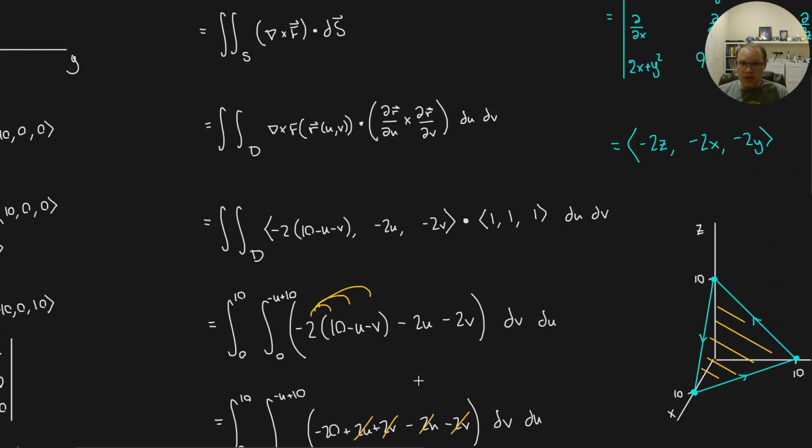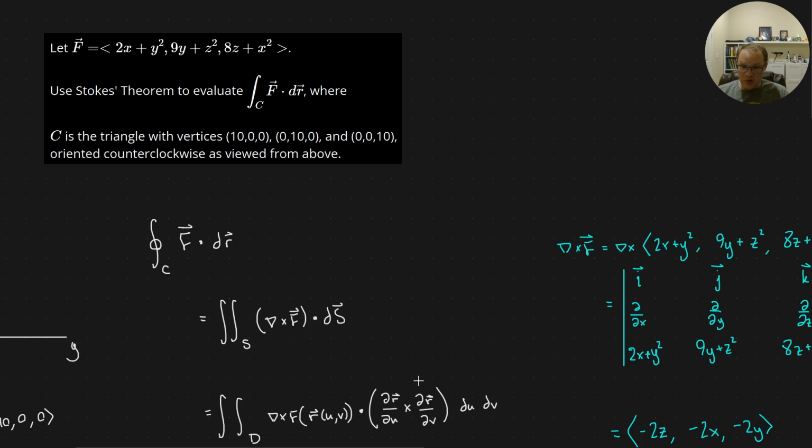So sometimes Stokes' theorem is great. We're taking a surface integral and re-expressing it as an integral over the circulation of the boundary of the surface. But sometimes, like in this example, Stokes' theorem is great for taking the integral over the circulation of a closed curve and changing it into a surface integral.